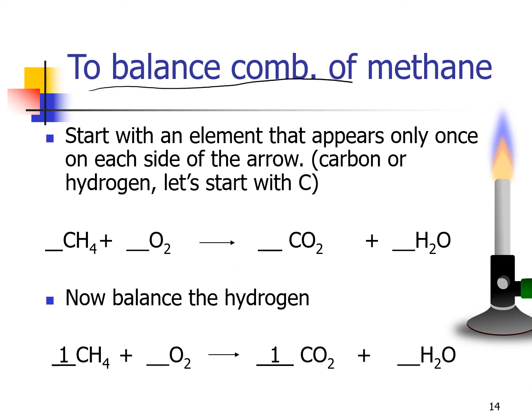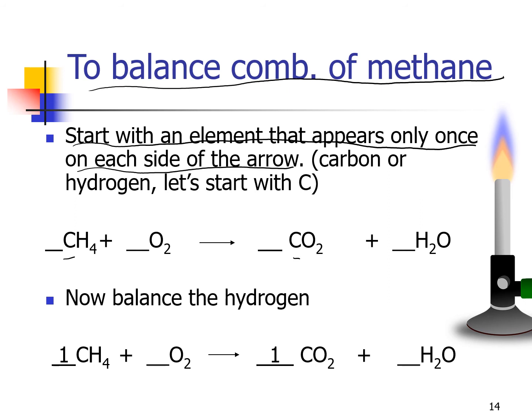To balance the combustion of methane, we need to determine which element we want to start with adding a coefficient to first. There is a rule to follow, which is to start with an element that appears only once on each side of the arrow. So let's look at our elements in our reactants and our products. Carbon appears in CH4 in 1 reactant, and carbon appears in 1 product in CO2.